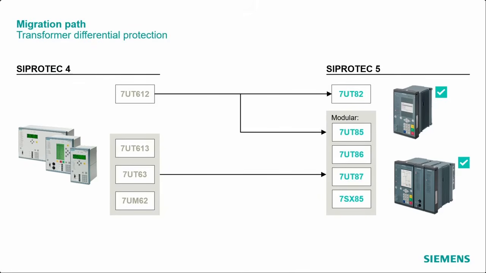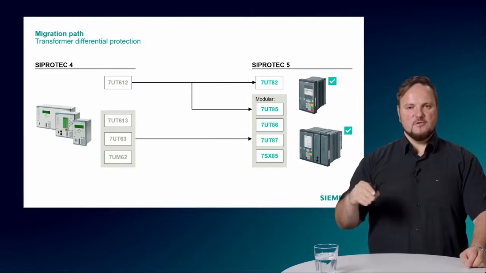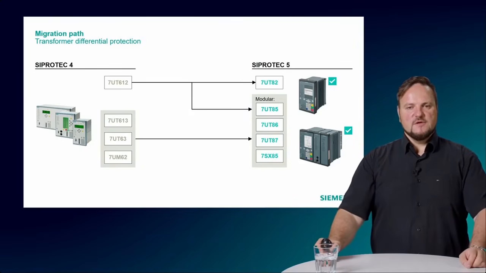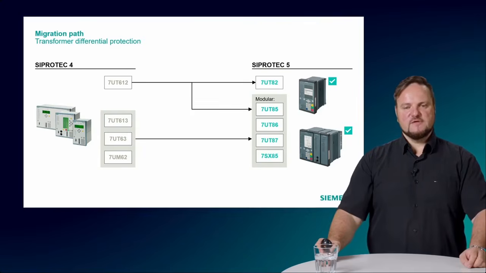After this date, it is no longer possible to order new SIPROTEC 4 devices. So now everything is covered in the SIPROTEC 5 world. And you see here you have the modular series and the non-modular series. You see the 7UT 612 is comparable with the 7UT 82.